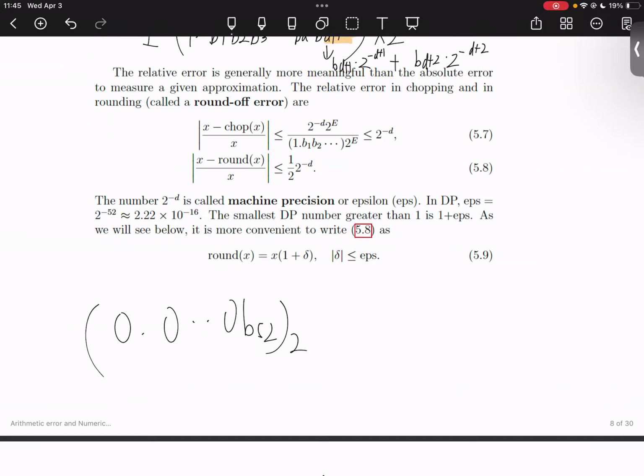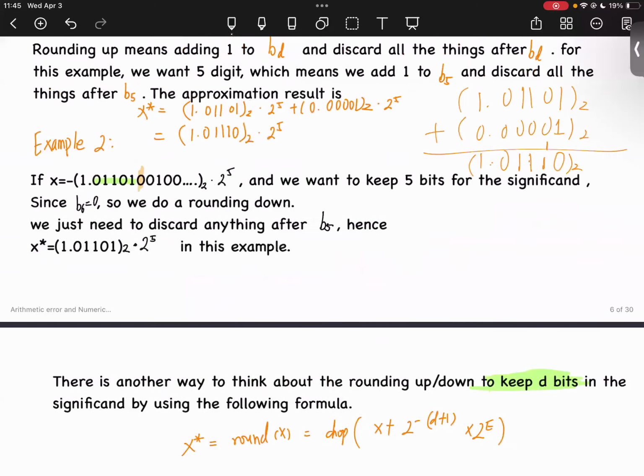Any questions so far? So this is double precision, and I have one question for you. It looks like you don't have any questions.